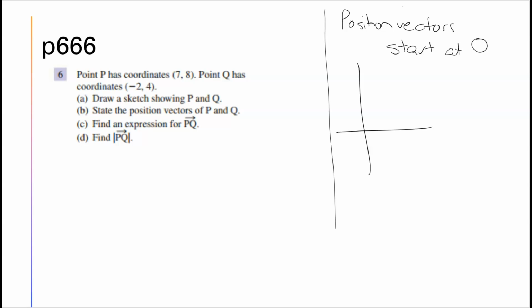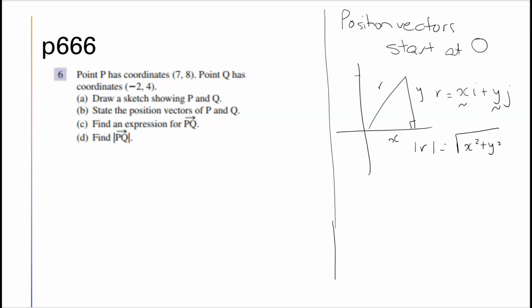So if we have some length y, some vector r, and that length there is y, that's a right angle, and that is x. So we can say that r equals xi plus yj. And the length of r is going to be as you would expect.